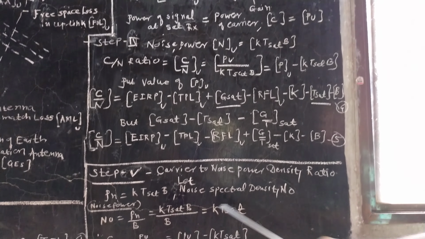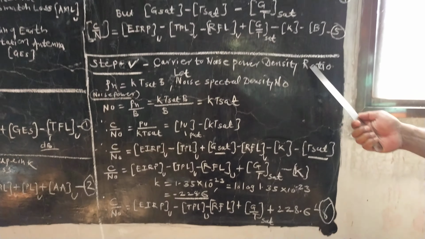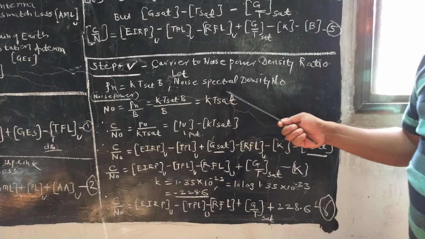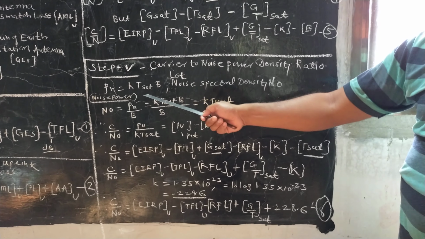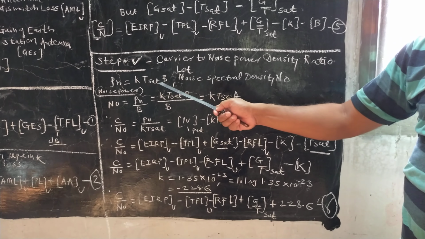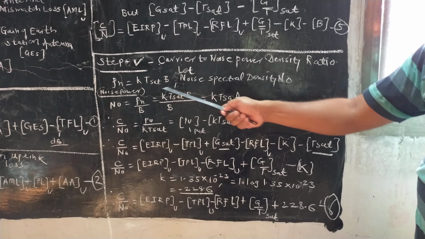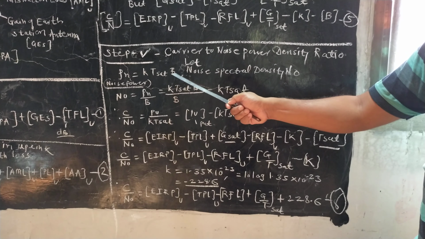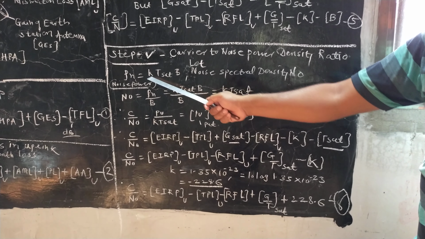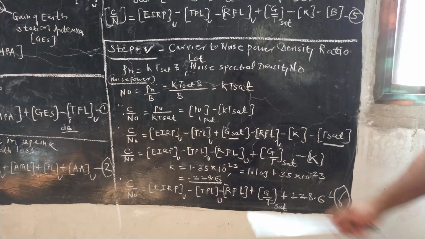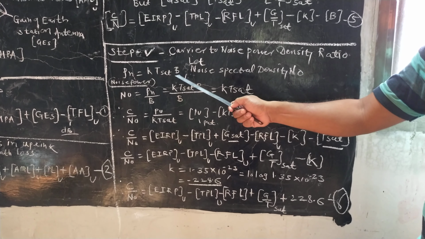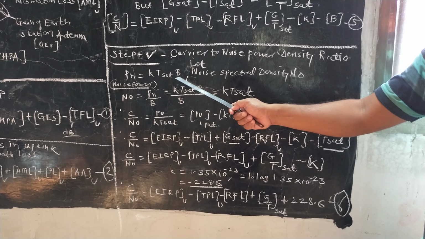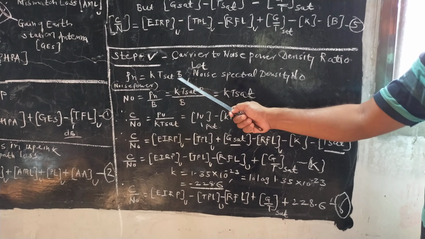Then next is step 4, carrier to noise power density ratio, and in this, as previously mentioned, noise power is given by K T sat B, where T sat is the temperature of satellite, K is the Boltzmann constant, and B is the noise bandwidth.